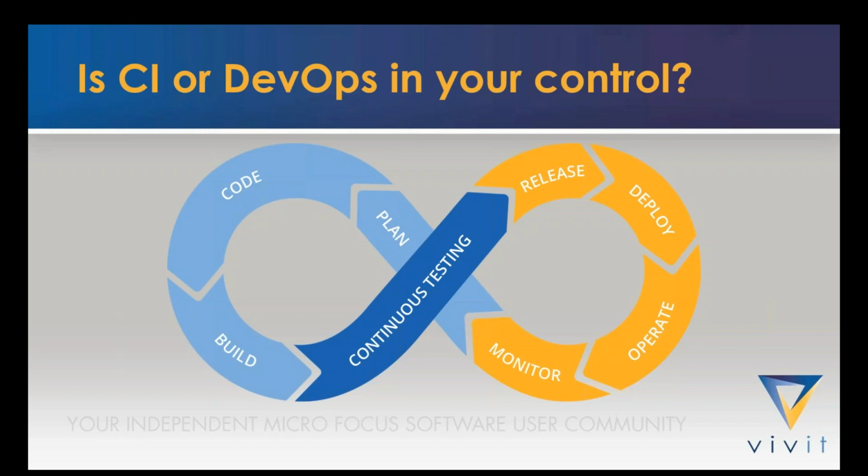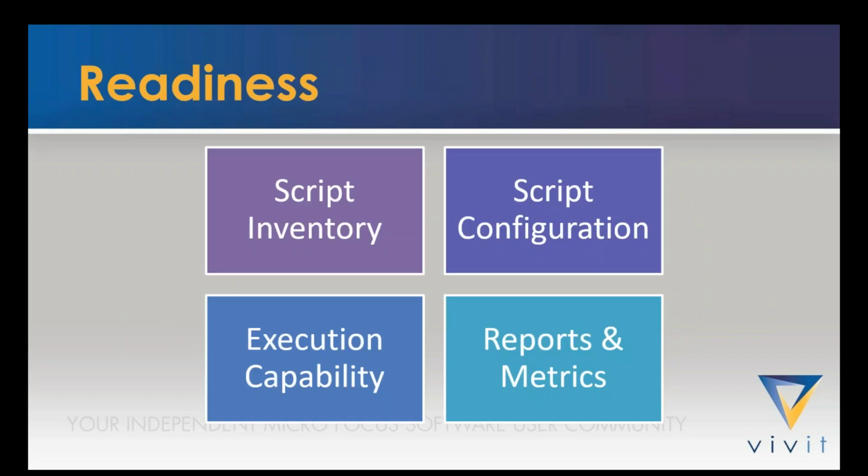Next slide, please. There are a lot of different ways that we can think about readiness. The first thing is, we have to be aware of our script inventory. We have to make sure that we have everything prepared. We have to be environment aware. We have to have our scripts configurable. We don't want a script that's just going to run in one place.